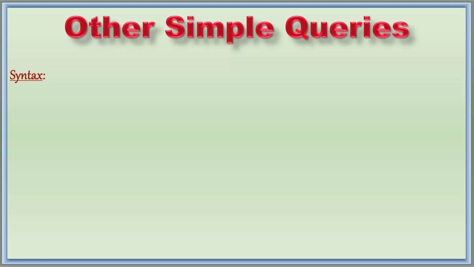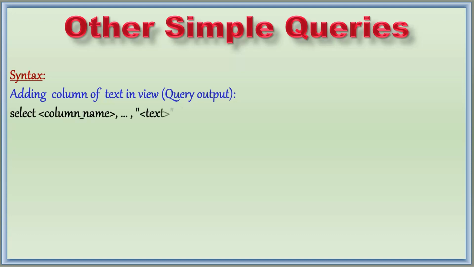To add text as a column, the constant text will appear as a new column with all the rows filled with the same text. We shall give select column names, which are all we need, the text in double quotes or even single quotes, from table name.